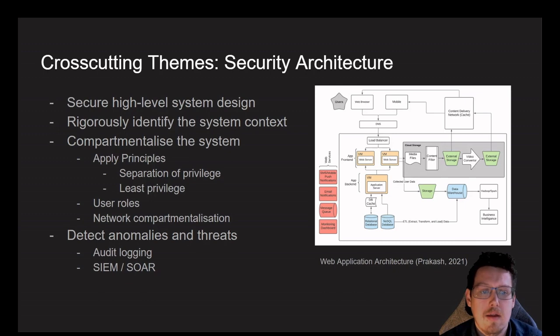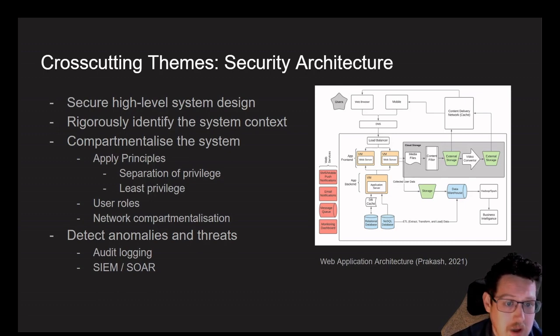So that's an example of some of the issues with not considering security implications of systems up front.